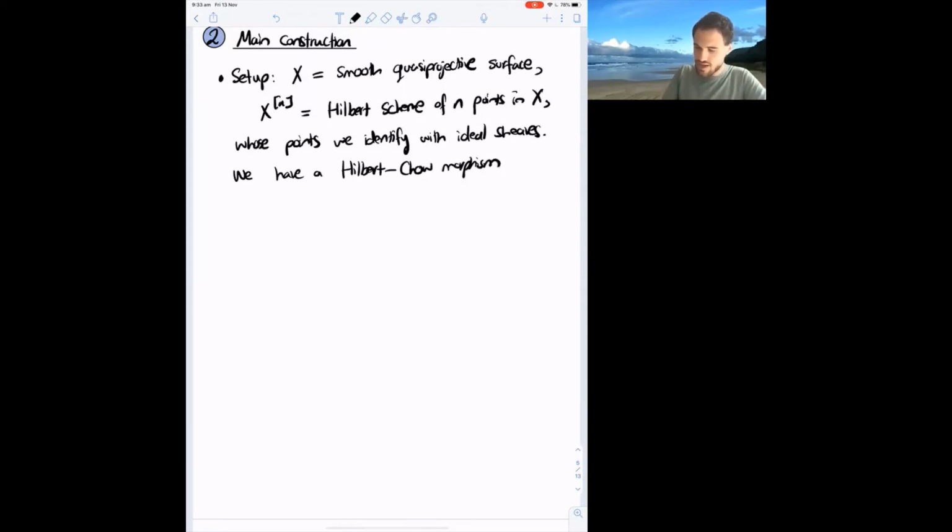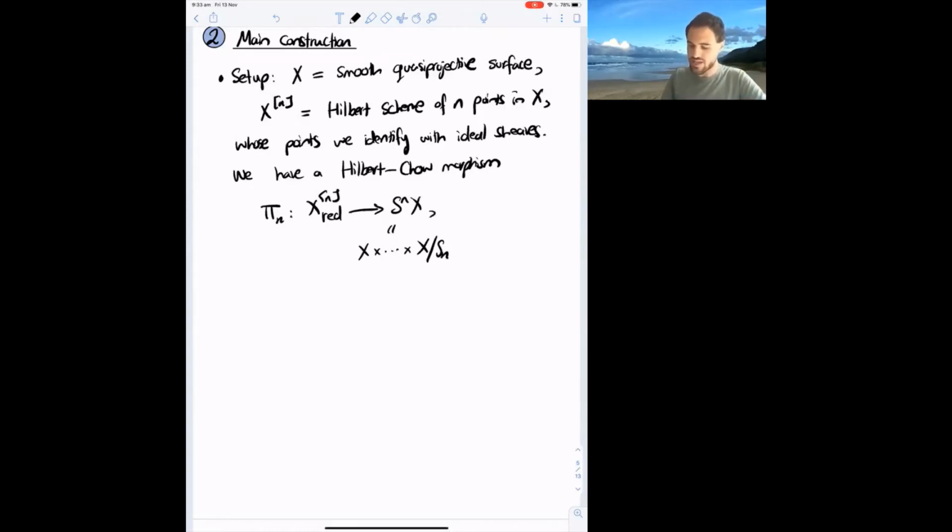And what this does is it goes from X^[n] with its reduced scheme structure to S^nX, where, remember, this is n copies of X quotiented out by the symmetric group.